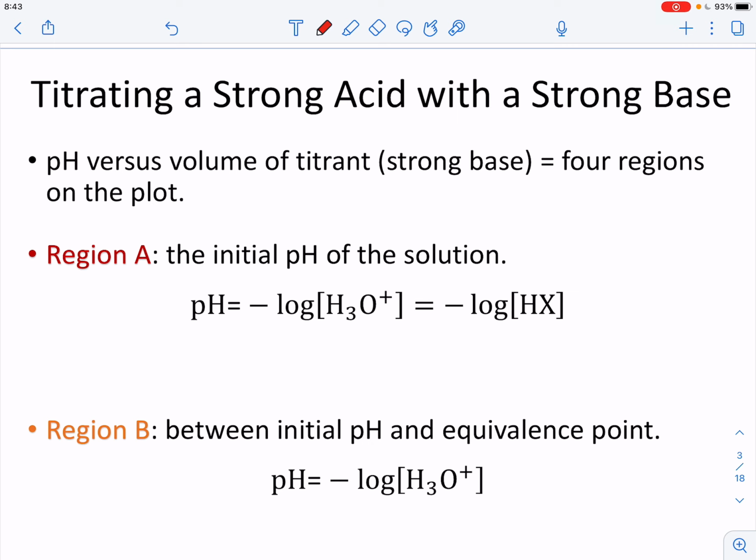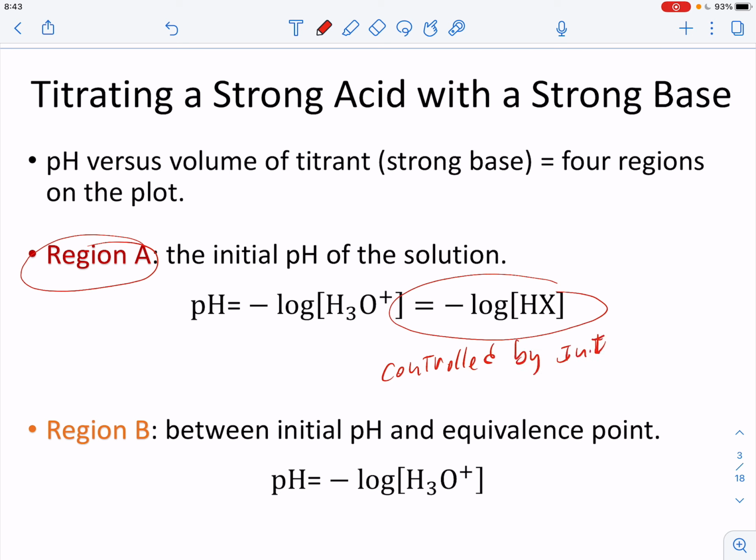In the first region, what we're going to call region A, that's basically the initial pH of the solution, and at that point the initial pH of the solution is, let's put it this way, controlled by the initial acid. More specifically, the initial acid concentration.